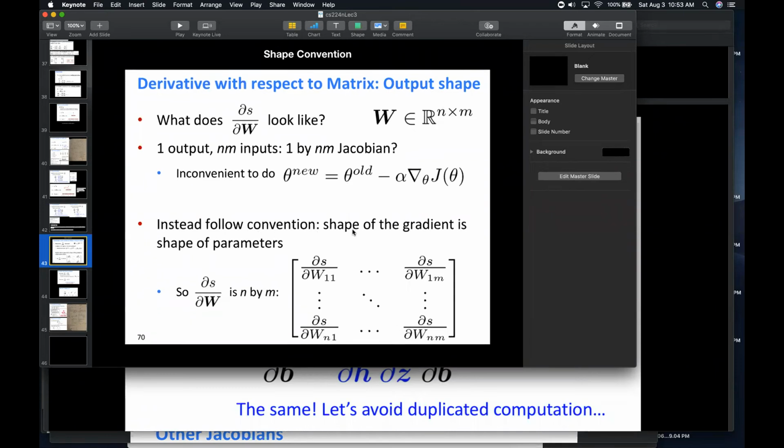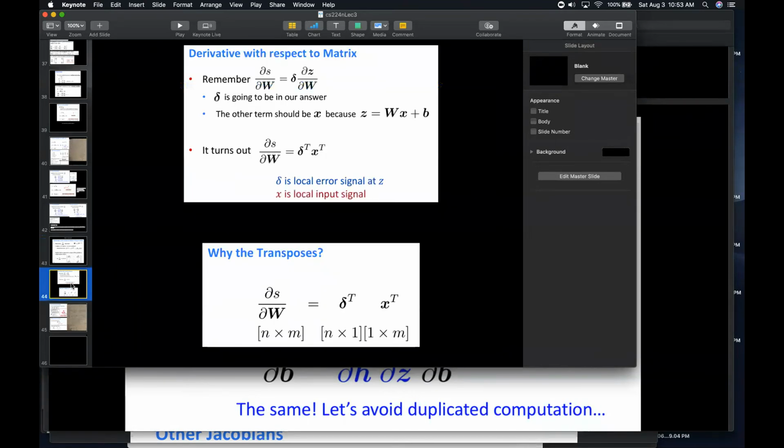That's what the shape convention is. Again, you do the Jacobian and you try to preserve the shape. That is what I understood with that part.